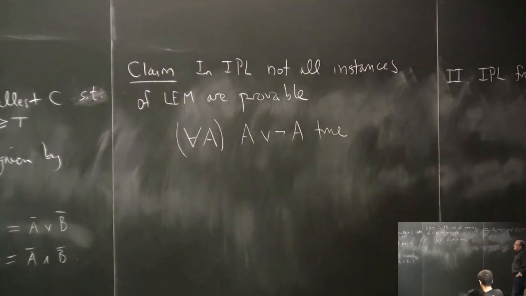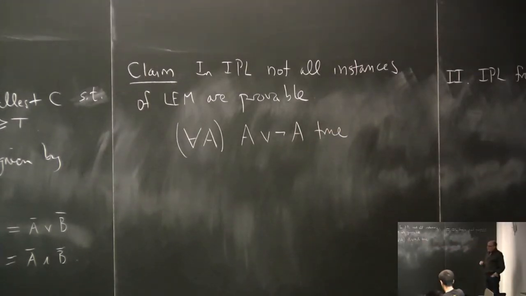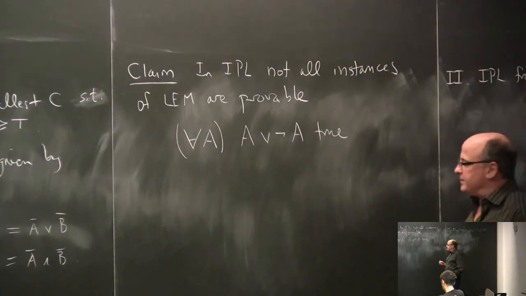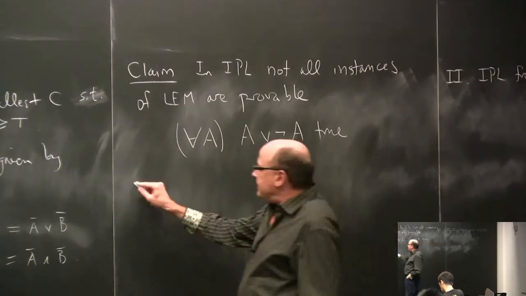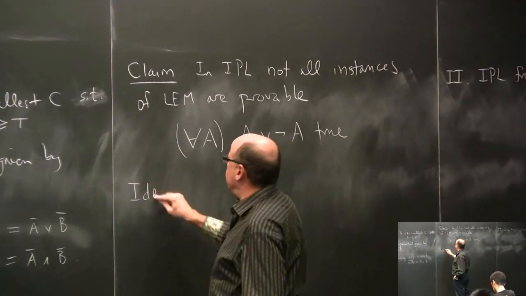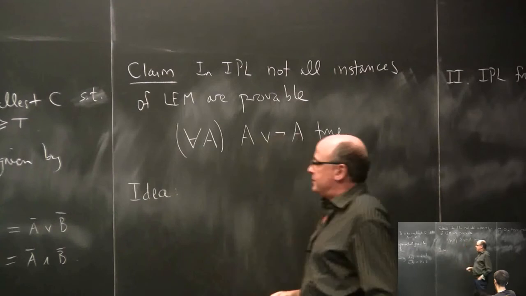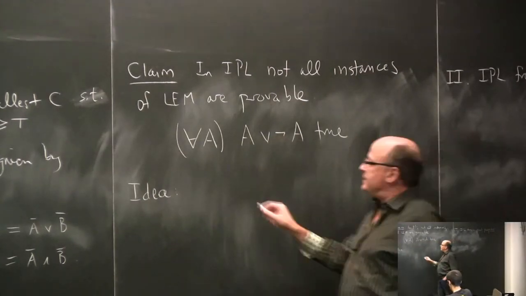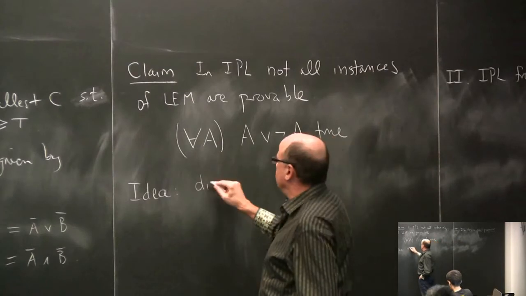And now what I'm going to do is develop that intuition a little bit more. Why do you not expect that to be the case? The idea why you should expect that not to be the case, it's not a proof, is via what is called the disjunction property.